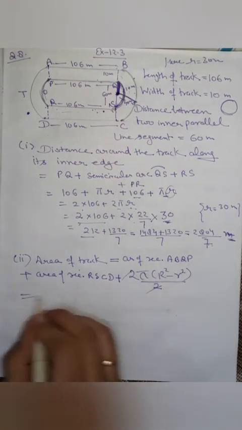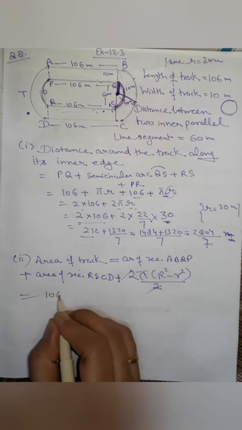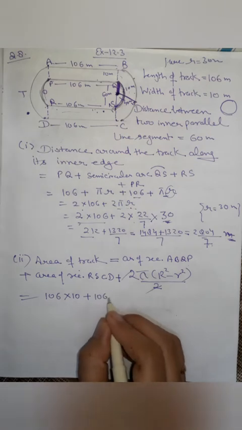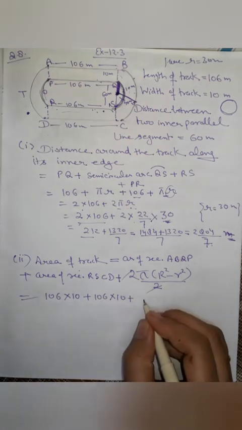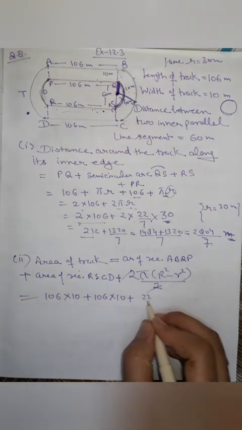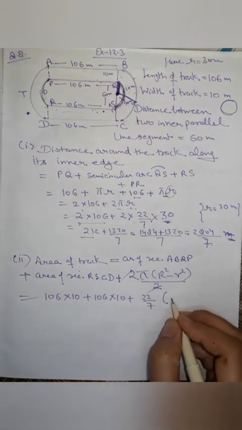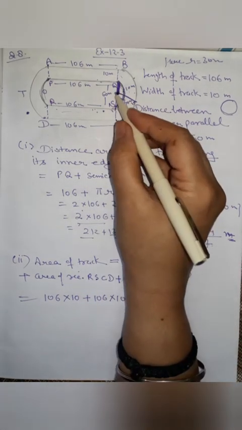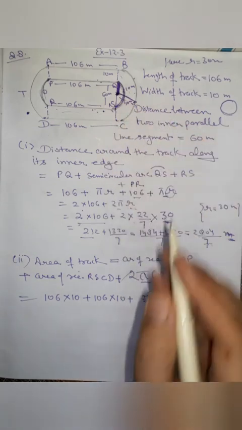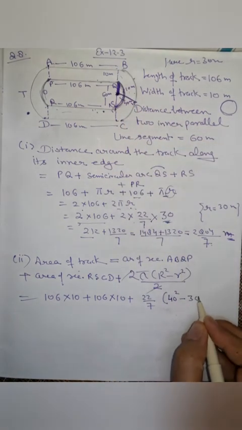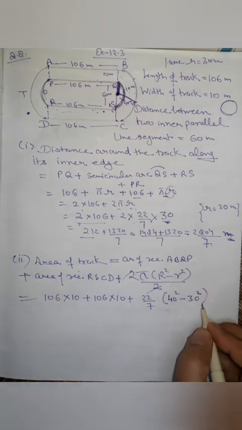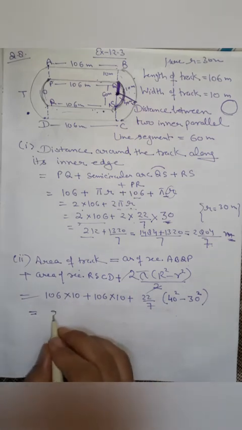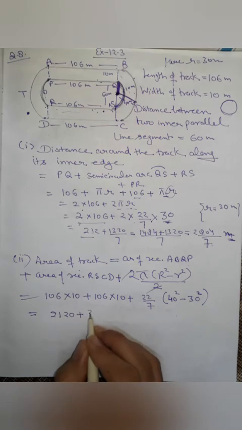Cancel it. Area of rectangle ABQP is 106 multiplied by 10. Rectangle RSCD is 106 multiplied by 10, plus pi is 22 upon 7 times R square minus r square. Capital R is 40. As I told you, this one is 30, the width is 10, so the total is 40. 40 square, small r is 30 square. Now if we solve, we get 106 multiplied by 10, which is 2120, plus 22 by 7.